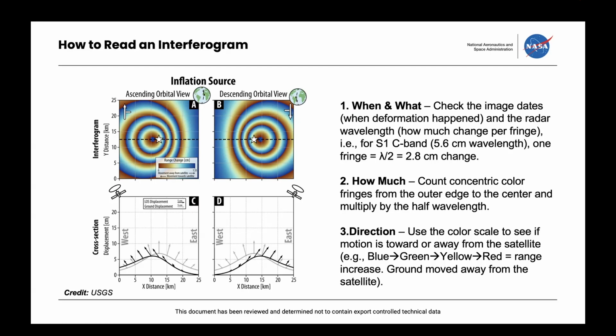And then the direction or the color scale that is provided. Here there wasn't a color scale, but later we will see if it's going from blue to green to yellow to red, and the orientation of it tells you if the ground is moving towards the satellite or away from the satellite.